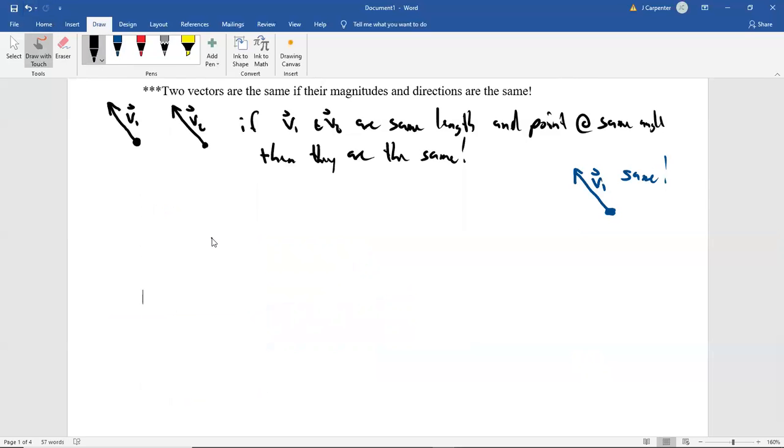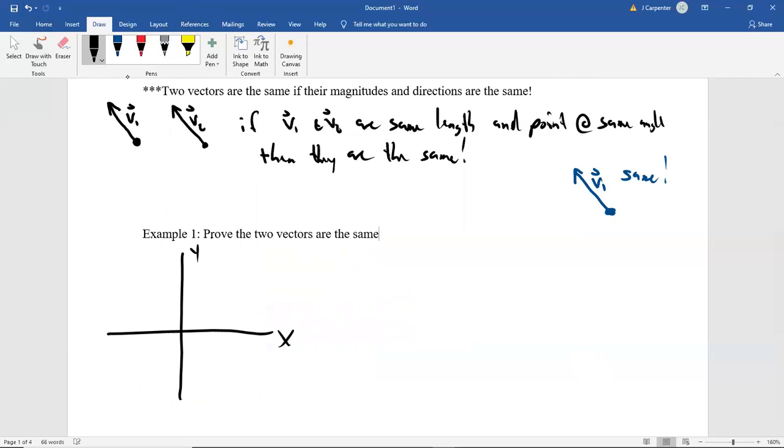Finally, example. Example 1. Prove the 2 vectors are the same. And I'm going to draw up an axis. And over here at -3, -3, I'm going to have the tail of a vector.